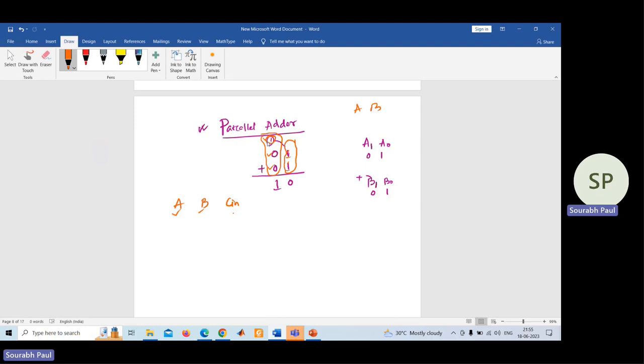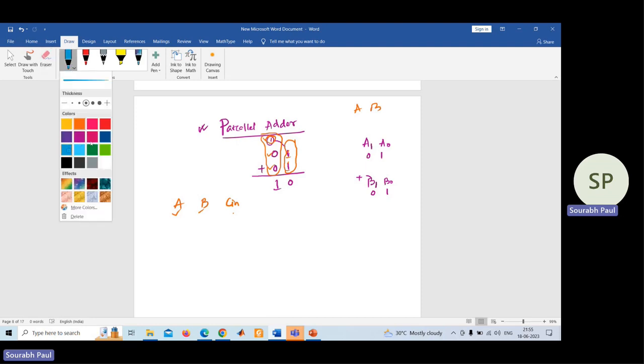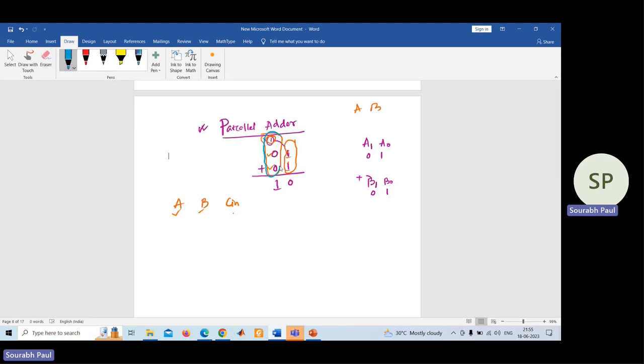So what does it mean? You have to use one full adder for this left side portion, and one full adder for the right side portion. Now you can ask me, because on the right side you have only two numbers, how can this full adder be used? If I consider carry input as 0, then it is very simple; it is nothing but a simple full adder concept for the right hand side.